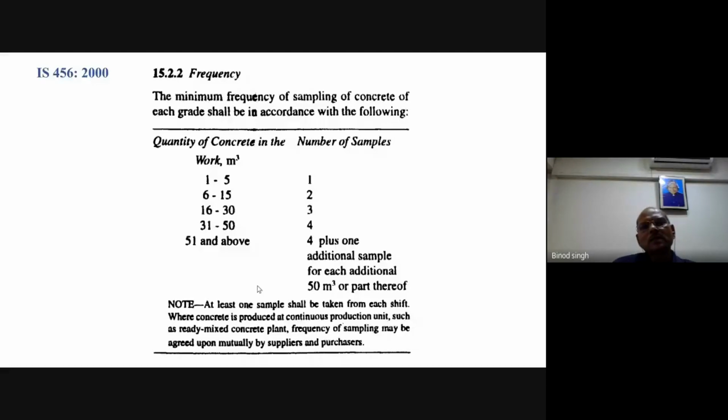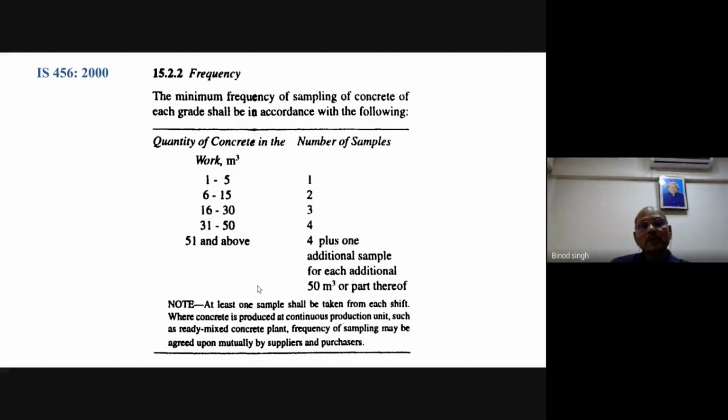Suppose your concrete work is between 16 to 30, say 20 cubic meter of concrete work, then 3 samples are required. Suppose it is between 31 to 50, say 42 cubic meter of concrete, then 4 samples are enough.